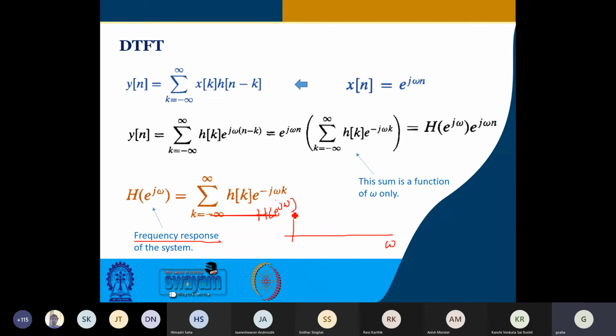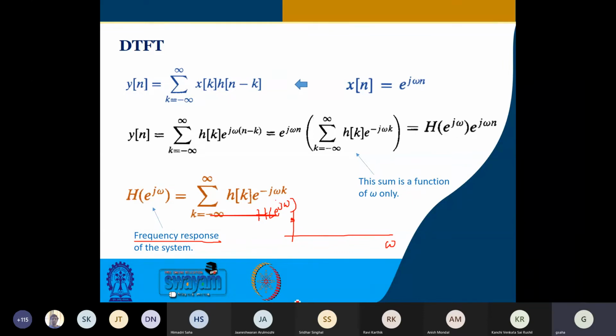Depending on the value of omega, if you substitute a particular value, say omega equal to 0, some value will come here. This is the summation of h[k] from minus infinity to plus infinity.